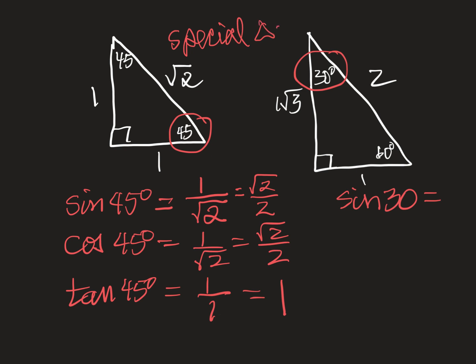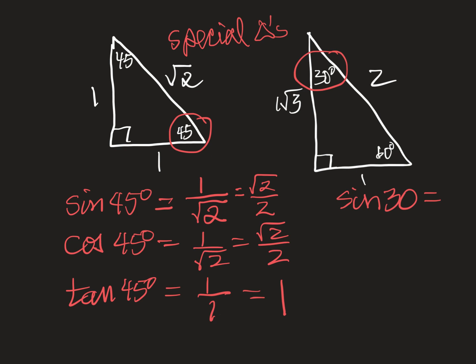Most other situations, if it's not a special angle or a combination of a special angle, which we'll see in a later chapter, we're not going to get an exact answer. We're going to eventually write an approximation. Now, there are equations where we can get exact answers as well, but that's different than what this is.